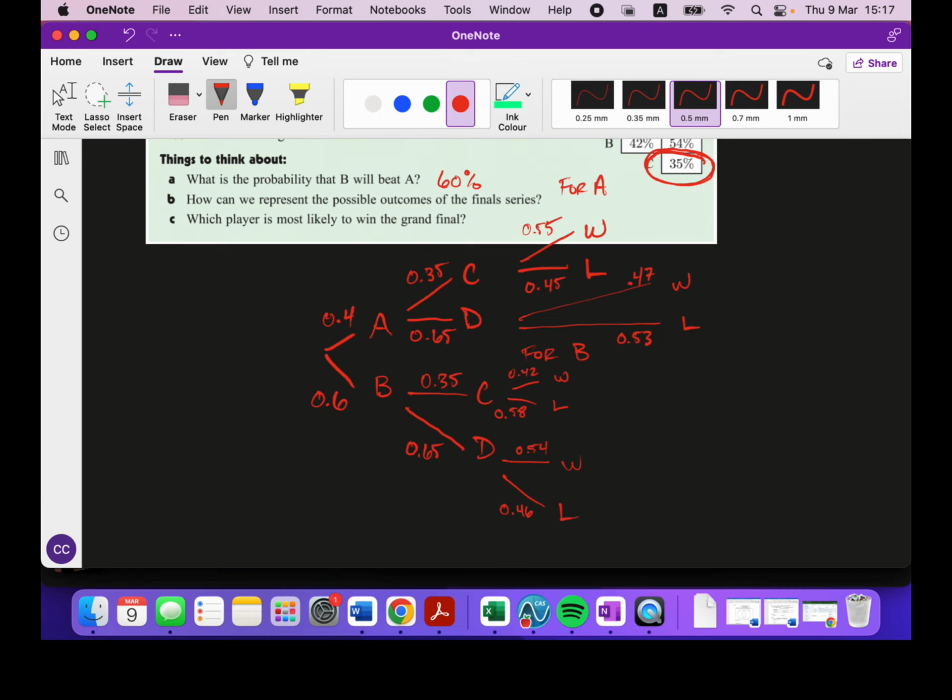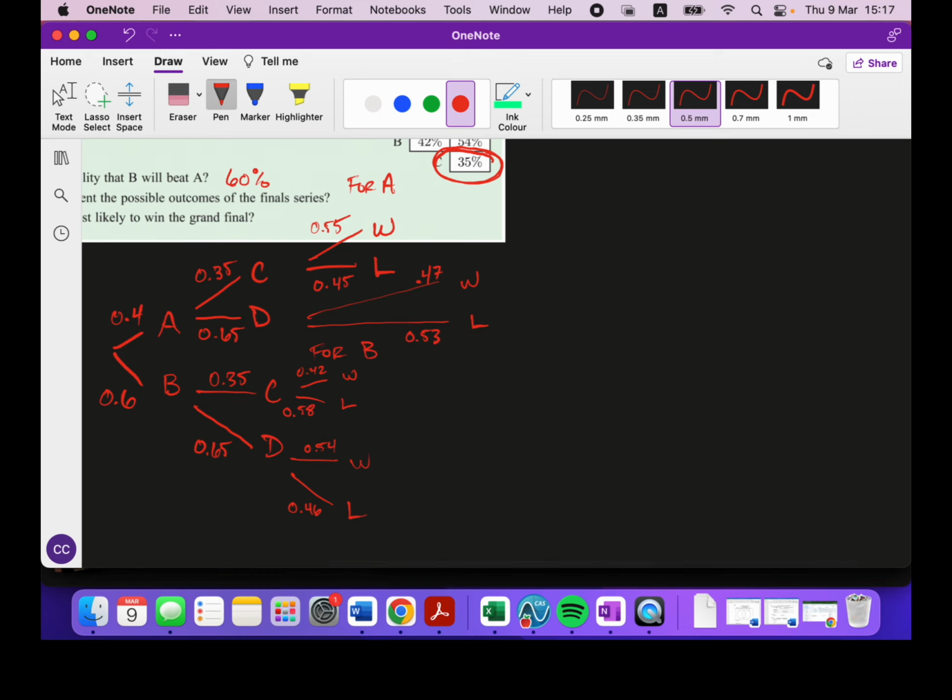Now, to figure out who's most likely to win the grand finale, the chance that A wins is going to be A intersect C intersect with the win.